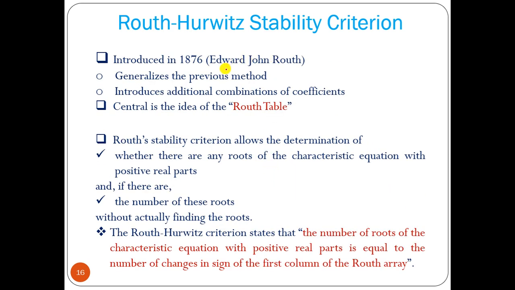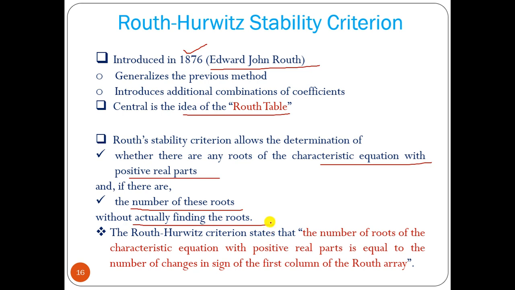Now this was introduced by Edward John Routh in the year 1876. In this particular method we have to form one table that is called the Routh table. The Routh stability criterion allows the determination of whether there are any roots of the characteristic equation with positive real part, and if there are, how many of these roots there are.